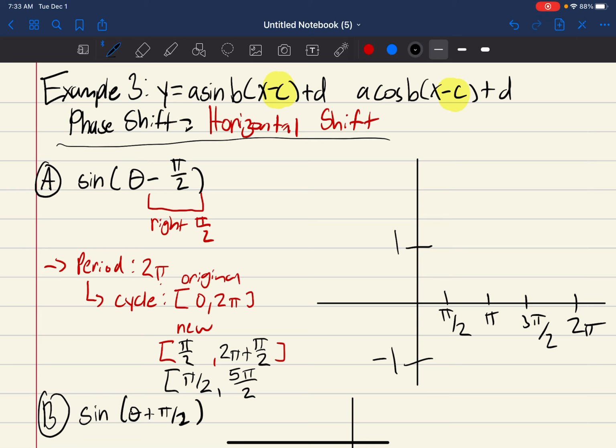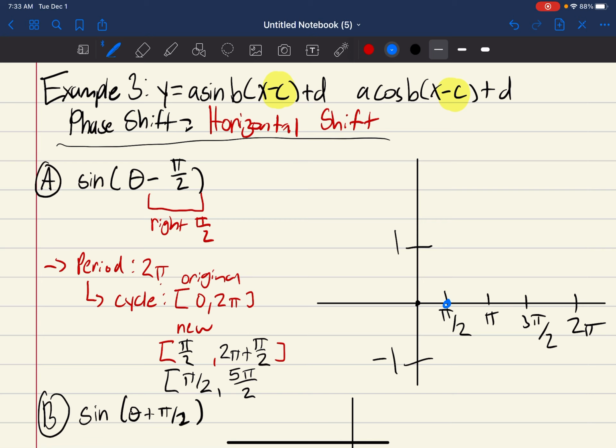You just change 2 pi to be 4 pi over 2, and then you add it together. And you're like, so what did that do? Well, it shifts the graph to the right. So since it's sine, it would originally start from 0. But because of the shift to the right, it actually starts at pi over 2.